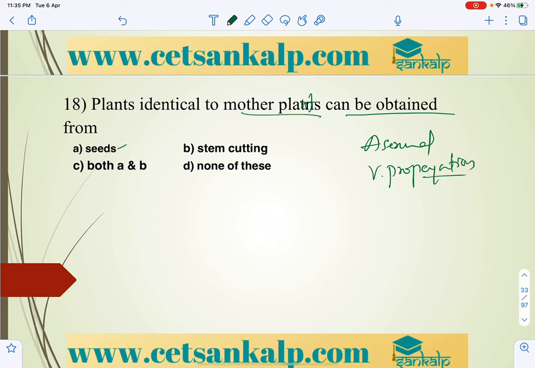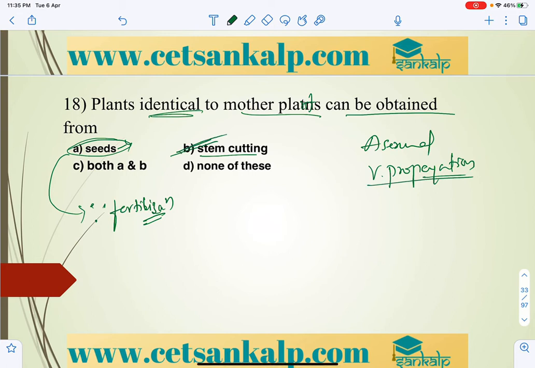Seeds are obtained because of fertilization, a resultant structure of fertilization, and if fertilization is there, generally there will be variation, so we can't say they will be identical. There will be a difference. In stem cutting, which comes under vegetative propagation, the plants obtained are identical to their parents.